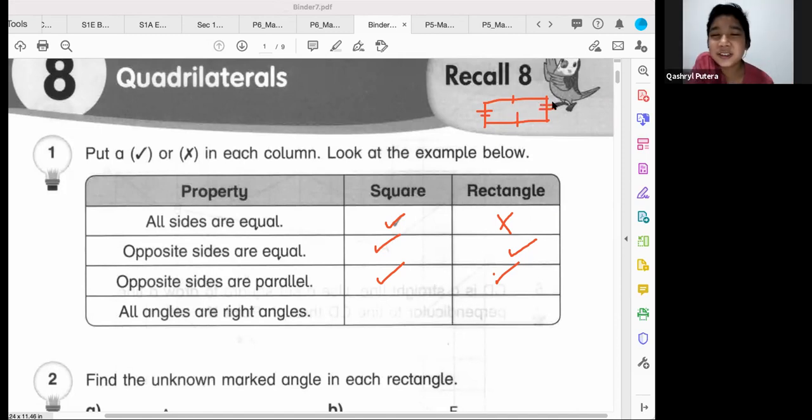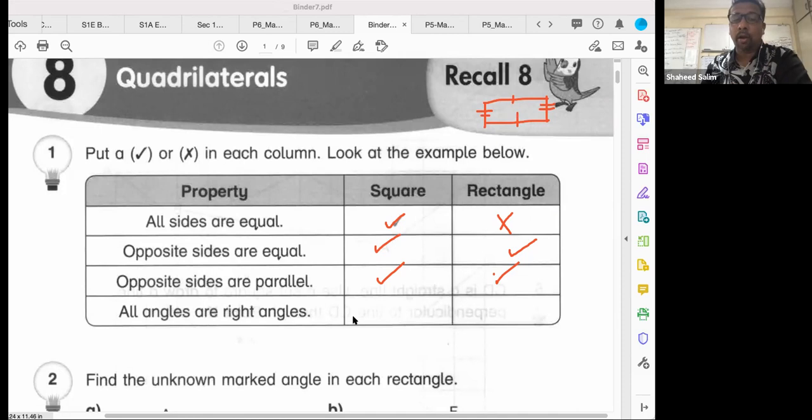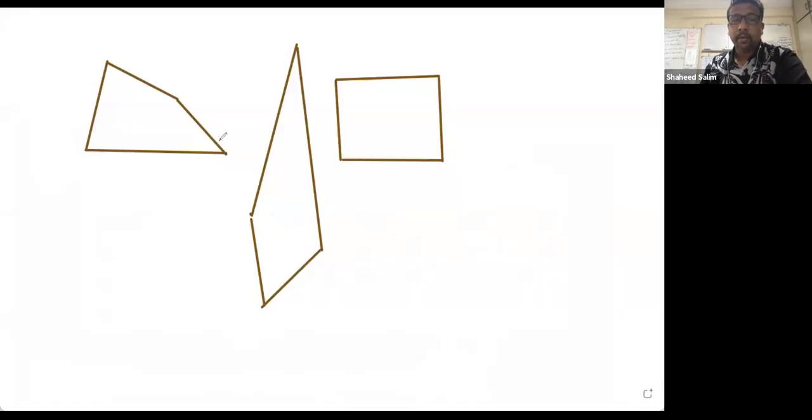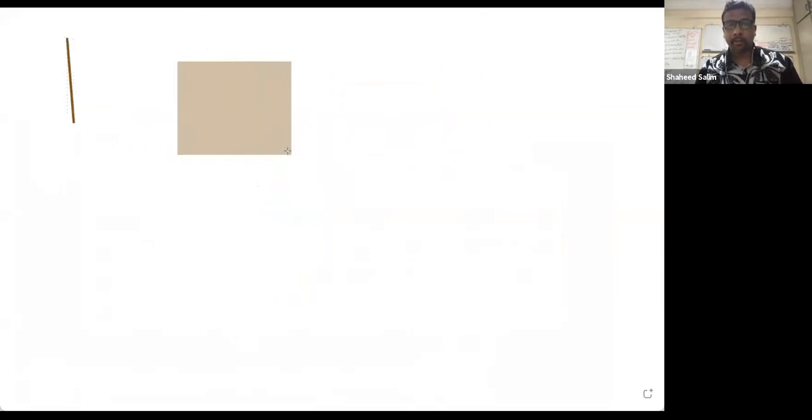But hold on. You might be right to say all angles are right angles. Yes. But I'm going to ask you now. If I'm going to draw a rectangle, I'll clear this first, and I draw a square. You have to think carefully, okay? Like that. You can see this, right? I'm going to draw another one now.